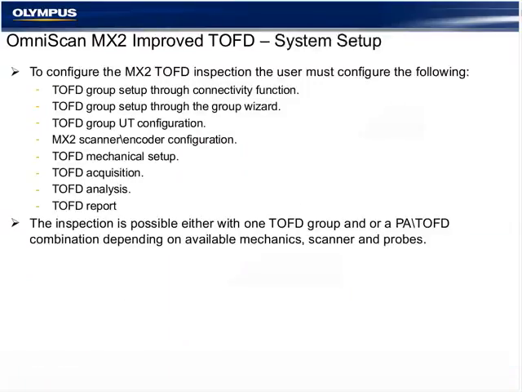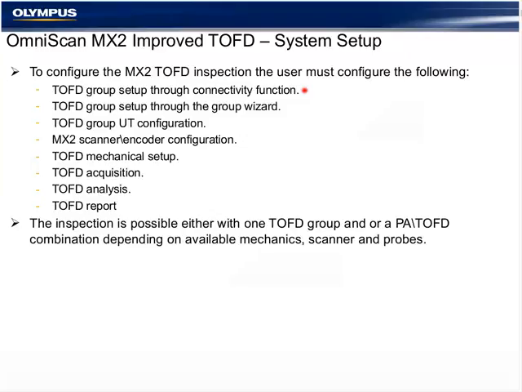So we talked a little bit about the overall setup and some basic theory, and we've seen some images now of some scanners and B-scans and scans. Now we're going to go through the process of setting this up on the MX2 instrument, which will include connectivity through the NDT Setup Builder, which is a beam plotter from Olympus that we use for phased array and TOFD.